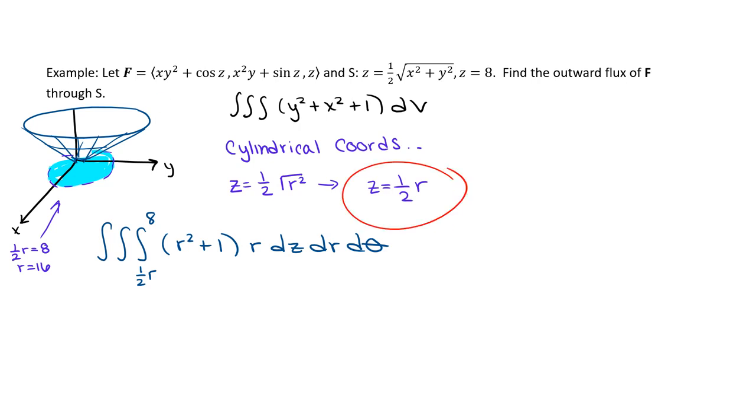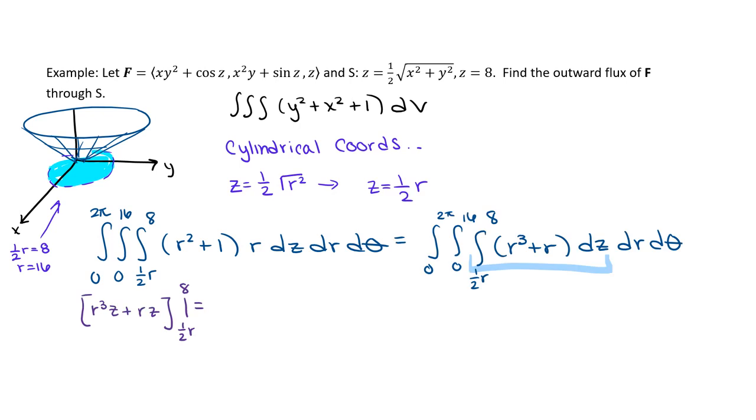If my cone is z equals 1/2 r, it intersects the plane z equals 8 when 1/2 r equals 8, times by 2, so when r equals 16. So the projection or the shadow of this object is actually going to be a circle with a radius of 16. So my r values are going to go from 0 to 16, and then we're going all the way around the circle, so thetas are 0 to 2 pi.